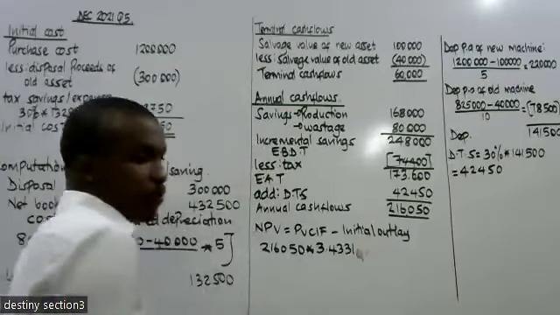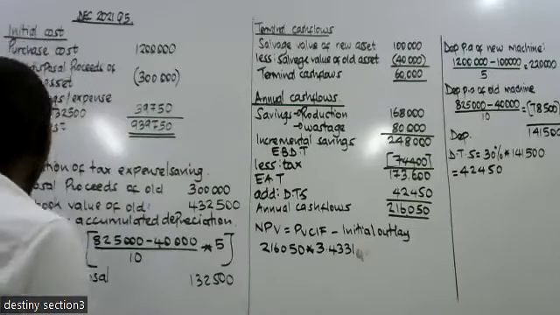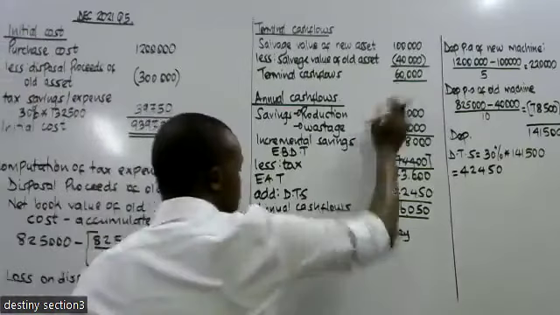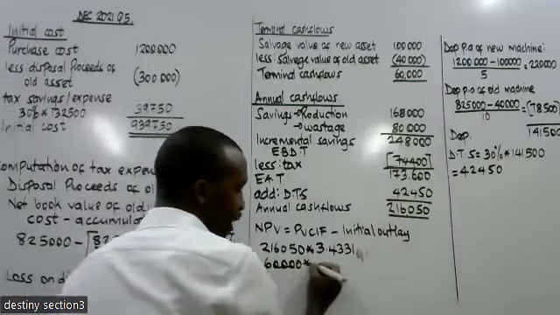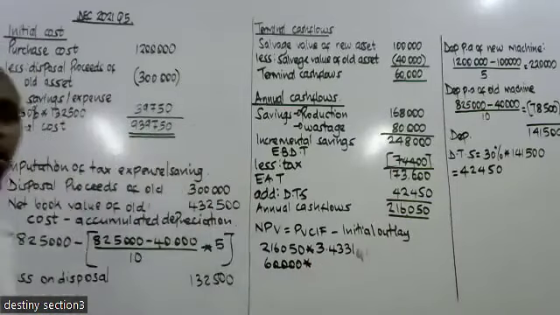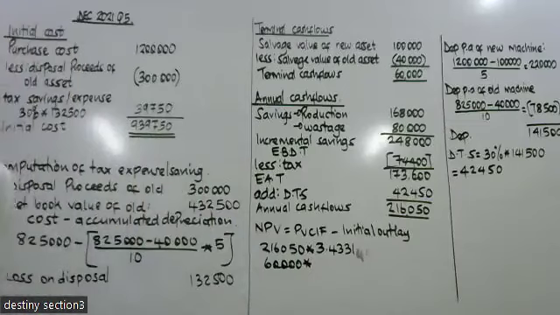Plus your terminal cash flows. Your terminal cash flows are here, 60,000. But we know they are received at the end of the useful life of an asset. So they are a lump sum amount, not an annuity.